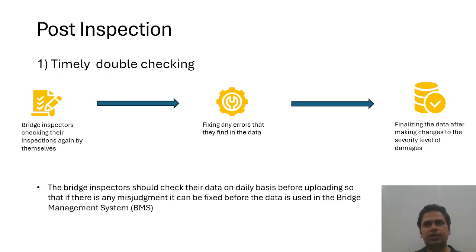For example, it is quite possible that you have erroneously given a higher level to a damage, and after reviewing, you feel that this is not the level of damage which you previously thought, and it should be level 2. So you should fix that error before the final uploading of the data.